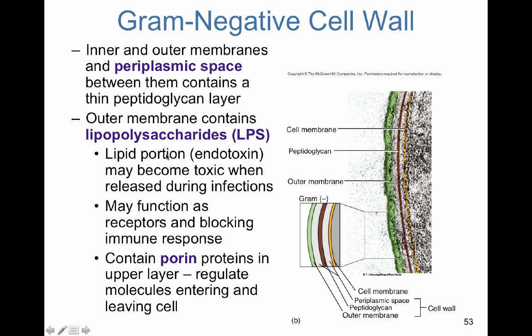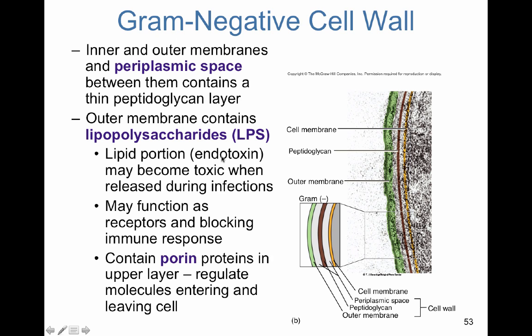And the key thing to remember here with the LPS is that the lipid portion actually can become toxic when it is released as an endotoxin during the infectious cycle. So gram-negative bacteria that are pathogenic may release this virulence factor, which here we're calling an endotoxin.